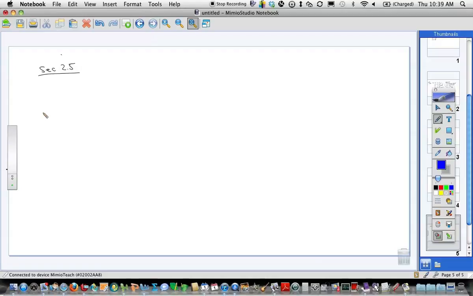So that's one track. The other track is this thing we're going to learn today called differential equations. They're pretty separate. They both involve derivatives, so they do have that in common.